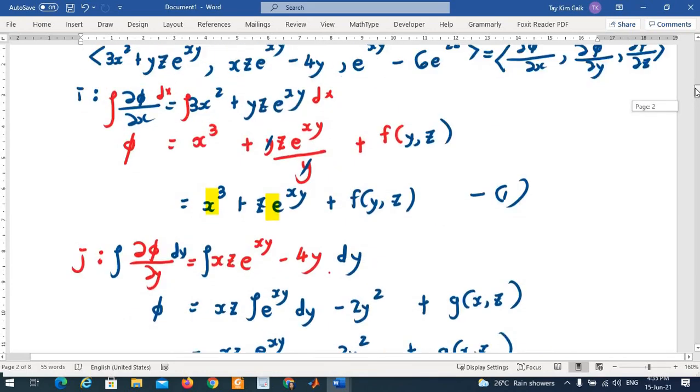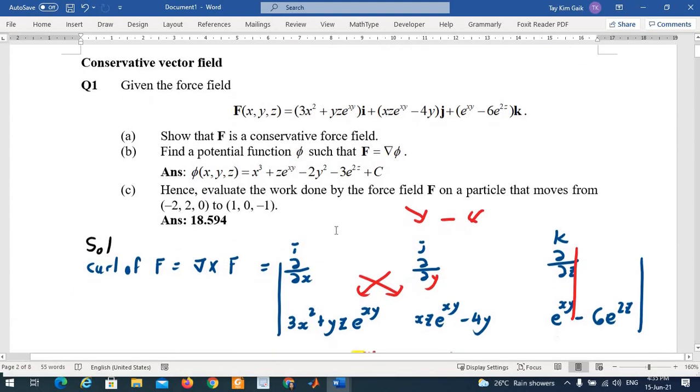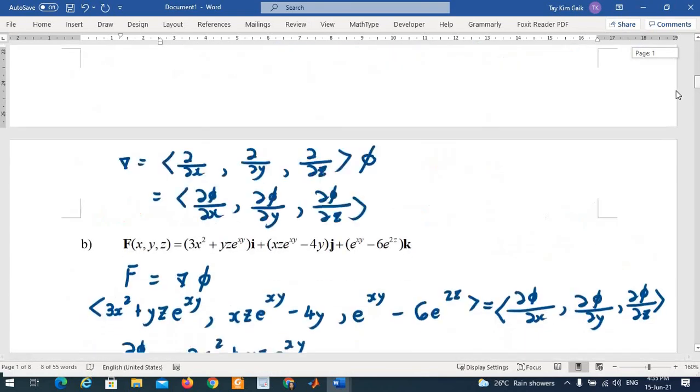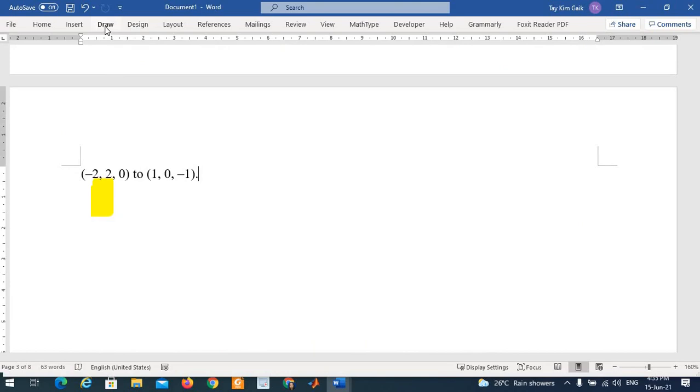Okay, after we find the potential function, we can go to the question, part C here. Evaluate the work done by the force field F on the particle that moves from this point to this point. So your line integral F dot dr along the curve C is equal to evaluating your potential function phi x, y, z.